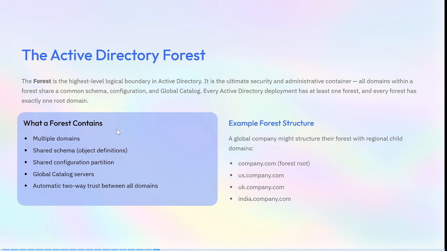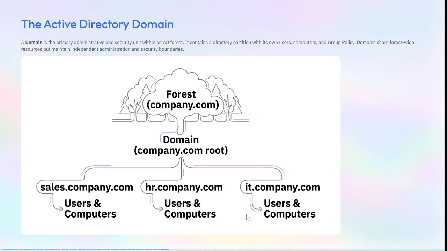What a forest contains: multiple domains, shared schema, shared configuration partition, global catalog servers, and automatic two-way trust between all domains. See here, you have the forest company.com. This is also called a domain, the company.com root.